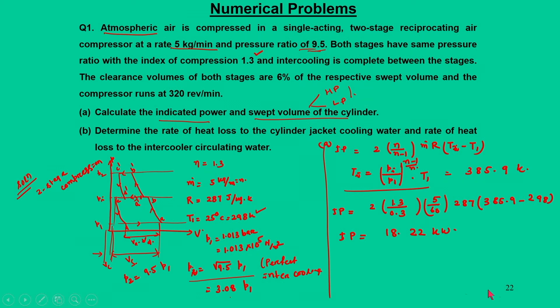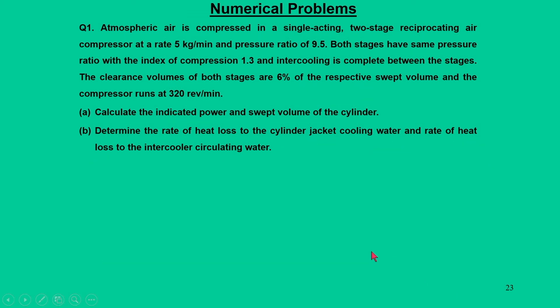Okay. Then we are going to calculate the swept volume. So, the swept volume has two parts. First is the LP cylinder, and for this LP cylinder we can write this Va minus Vd.